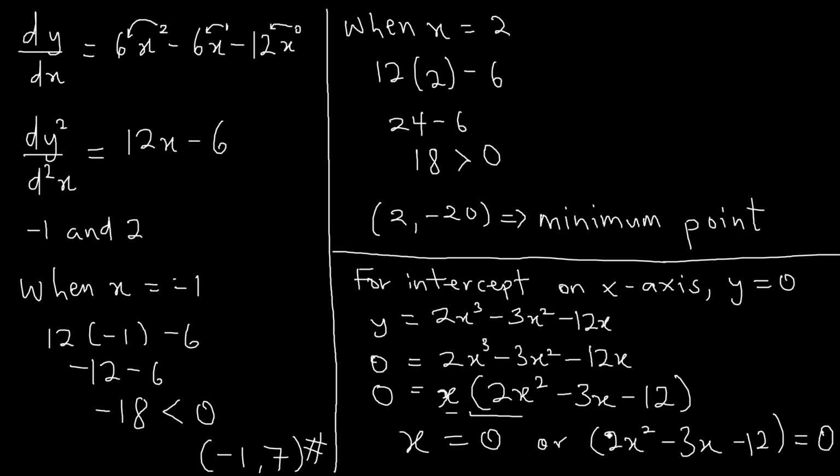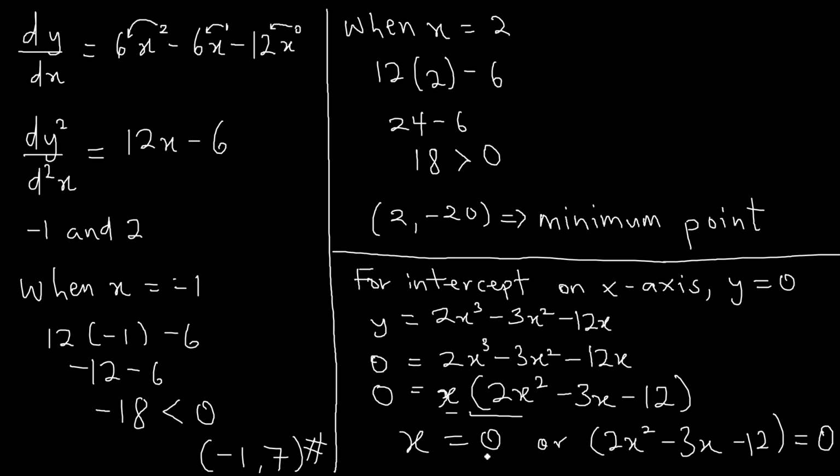The other assertion: let's assume this x is a huge number. But if everything we have in this bracket evaluates to 0, it will still make this equation 0. So that's why we said this x can be 0, or what we have in the bracket can be 0. So let's move on to the next step.